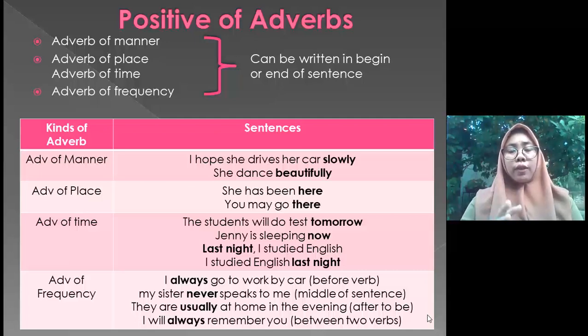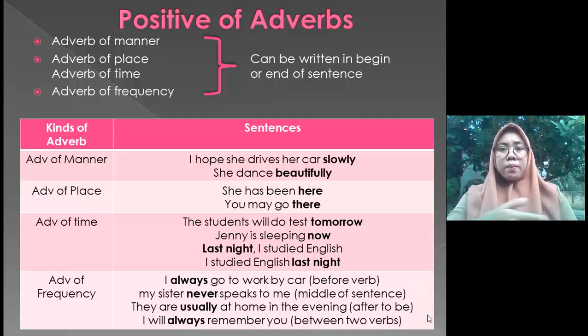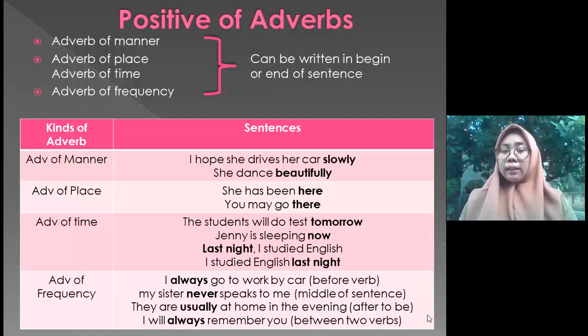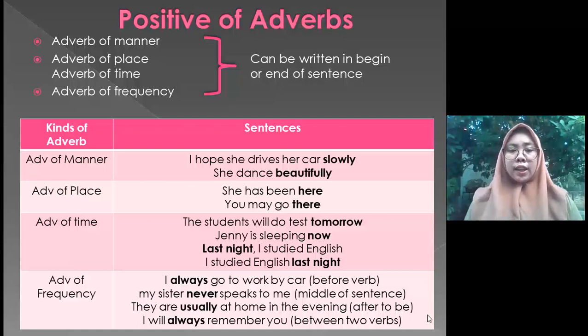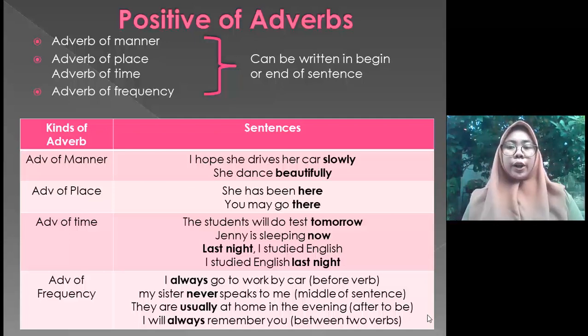All of the kinds of adverb here, you can write in the beginning or the middle or maybe in the end of the sentence. Okay, let's see. For the adverb of manner here, I hope she drives her car slowly. The word slowly here is an adverb of manner. Same like she danced beautifully.